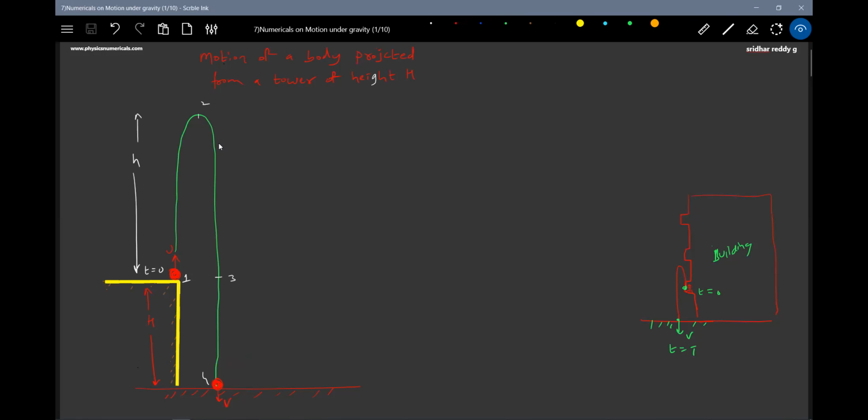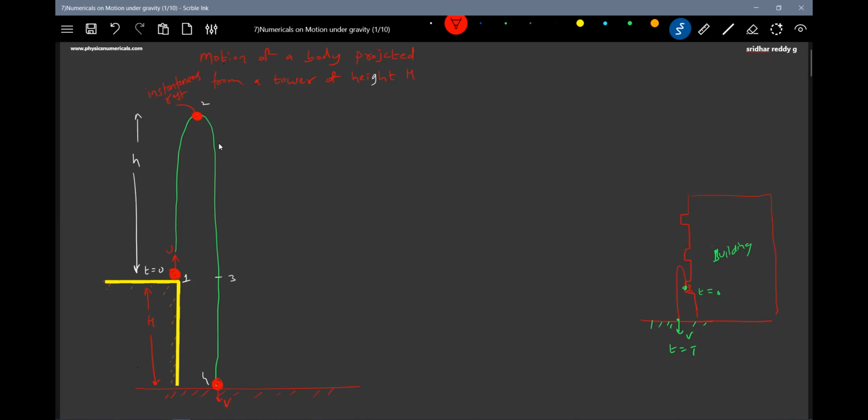So at 2, what is the state of the ball? The ball will be at instantaneous rest. It will be at rest for a while. Then it will fall back. First, what is the time of ascent, the time taken to move from 1 to 2? What is that h?